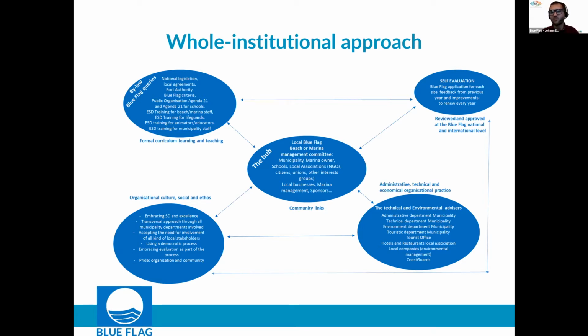Through the Blue Flag, we bring an educational system where the educational department within a municipality works with the recycling department and the safety department, all working together towards the same goal: protecting the coastline and providing the best experience for local beachgoers, but also international tourists.